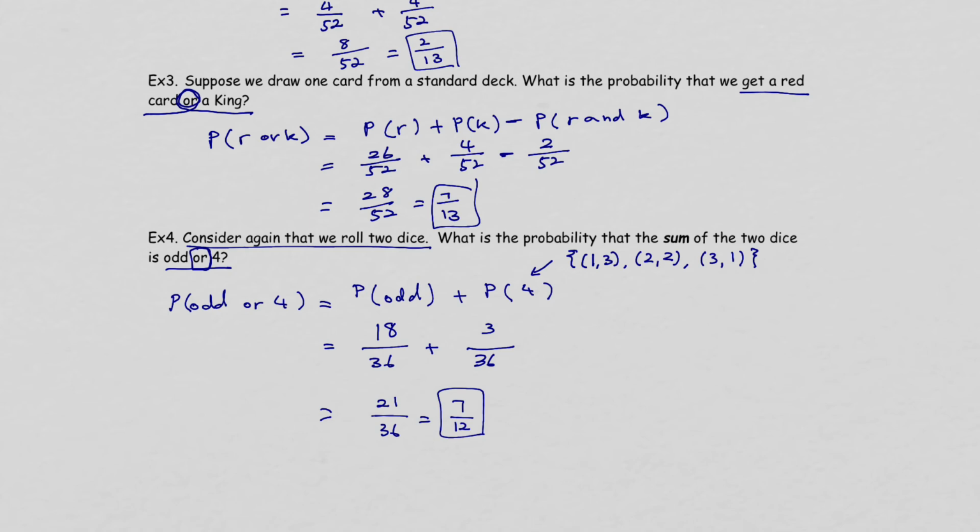If you want, I'll give you a little review of why the total outcome of rolling 2 dice is 36. Remember, it was 1,1, 1,2, all the way to 1,6. The first die is 1, the second die is 6. But that can happen going down too, right? 2,1, 3,1, 4,1, all the way to 6,1, all the way to 6,6, right?